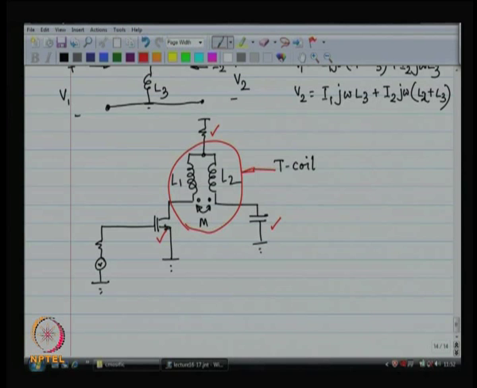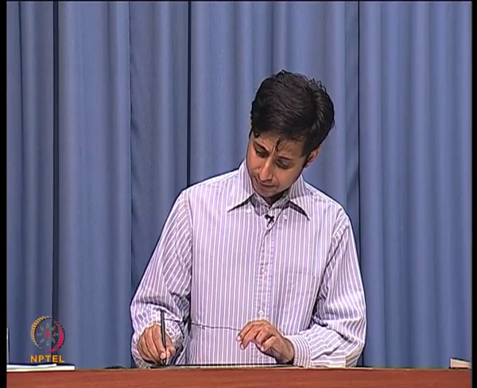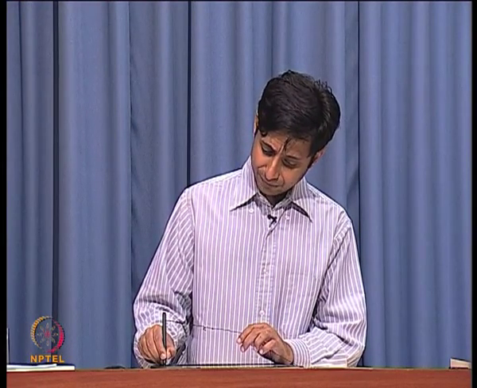Okay. And suddenly your bandwidth is supposed to improve dramatically if you make the right T coil over there. All right. So, these are different techniques of making wide band amplifiers. Okay. These have been used time and again.